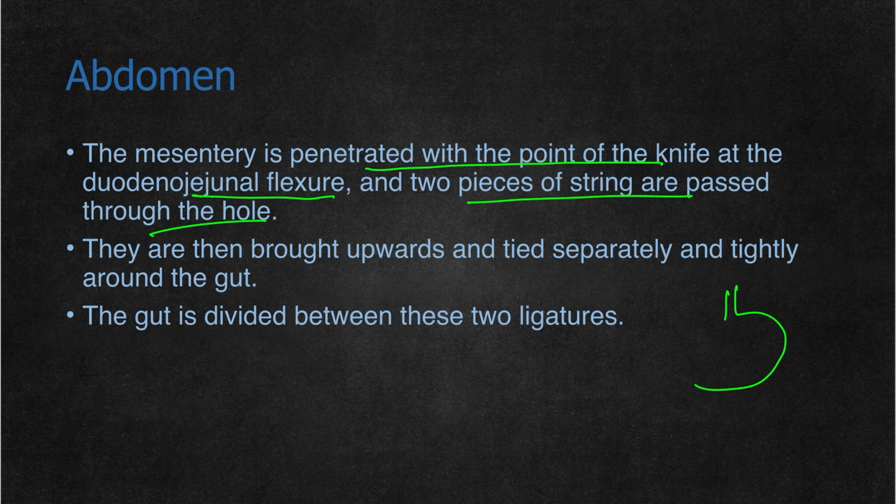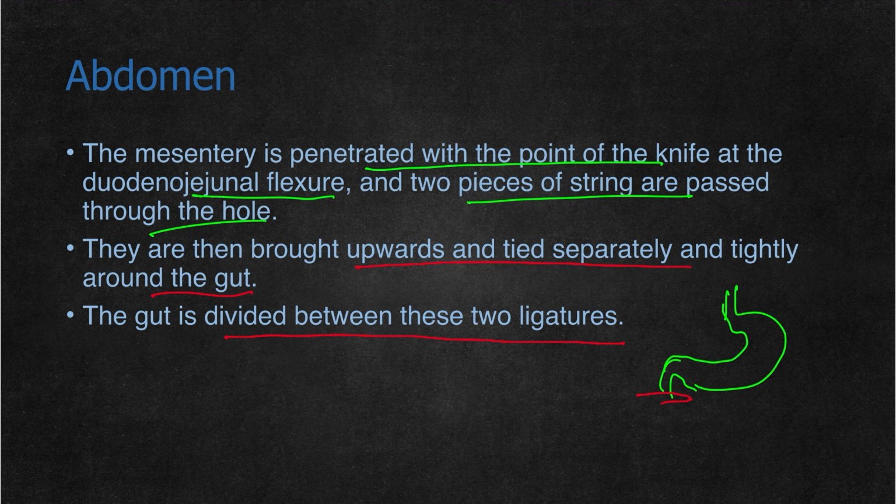So, usually to dissect out the stomach and the intestines, a string is useful, which is placed at the duodenal junction along the line, and the strings are brought upwards and tied separately and tightly around the gut. The gut is divided between these two ligatures.